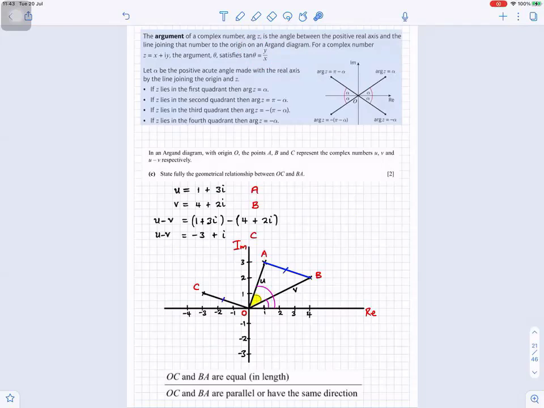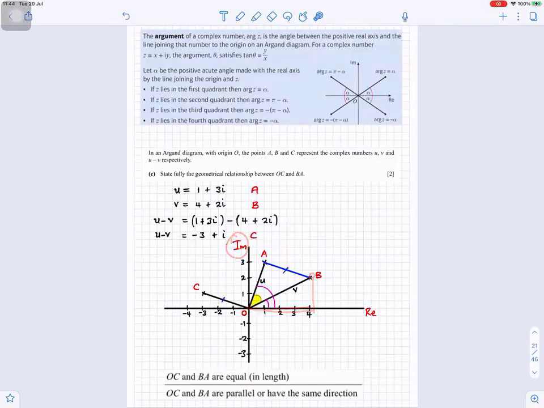Now for this part C, we've got u is 1 plus 3i and v is 4 plus 2i. So that's A there, 1 and then 3i. B is 4 in the real axis and 2 in the imaginary axis.